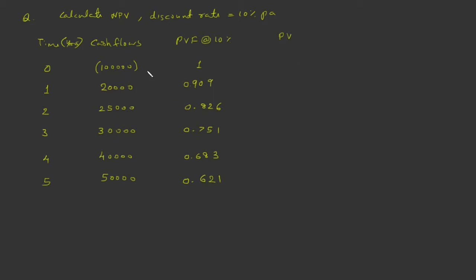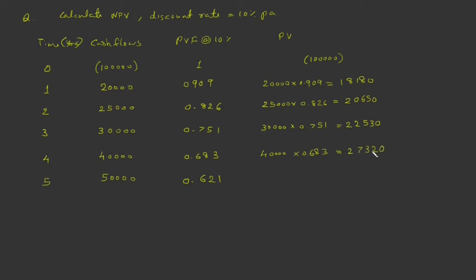So the present value is minus 1 lakh into 1, it is minus 1 lakh. 20,000 into 0.909 is equal to 18,180. 25,000 into 0.826 is equal to 20,650. 30,000 into 0.751 is equal to 22,530. 40,000 into 0.683 is equal to 27,320.